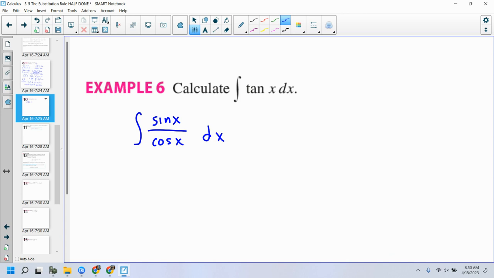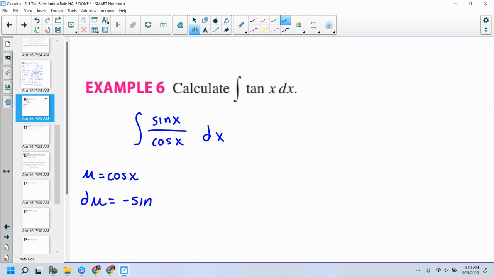So maybe I can use u substitution with this. We can either choose sine or cosine. Let's make u cosine. Okay, so what is du?